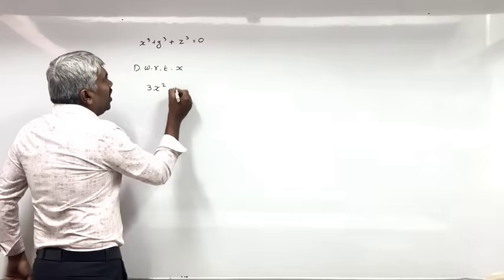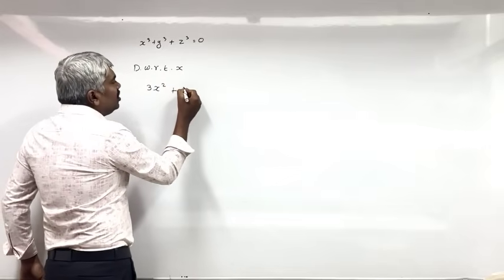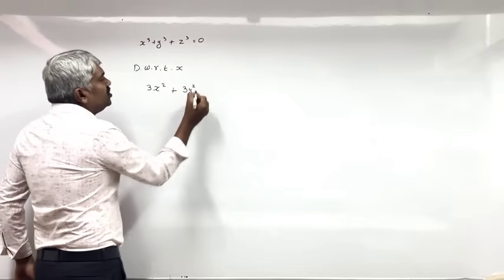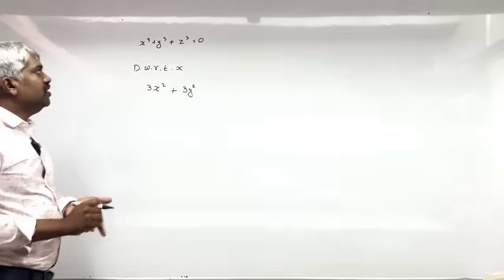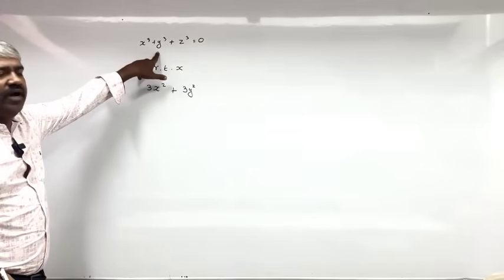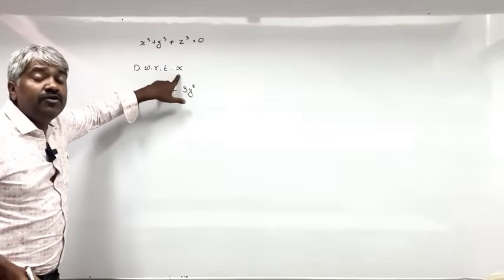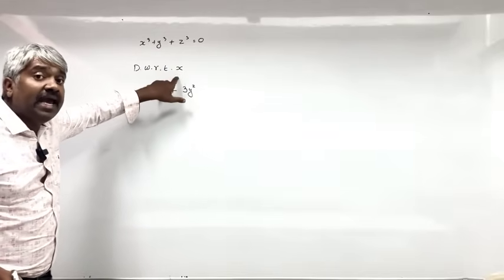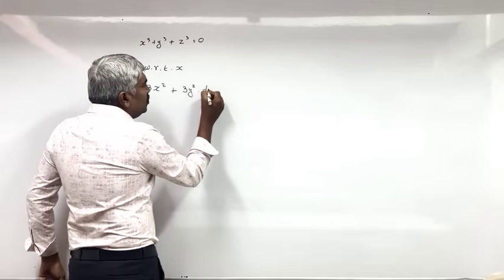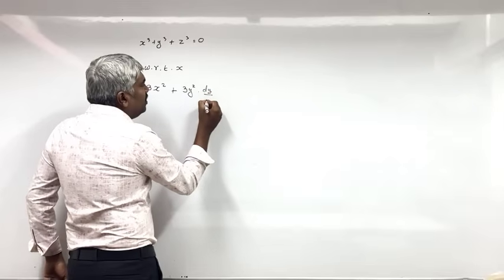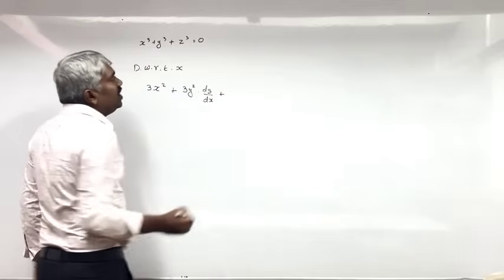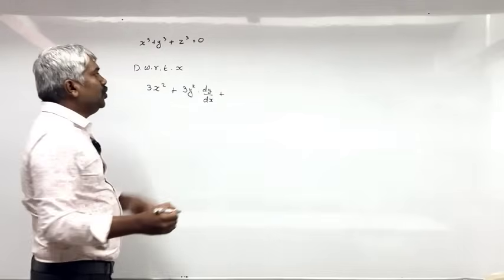Now, y cube. Differential of y cube is 3y square. Right? Now, I need to differentiate the variable y, but I need to get permission from x. In this case, you will get dy by dx. Similarly, z cube.